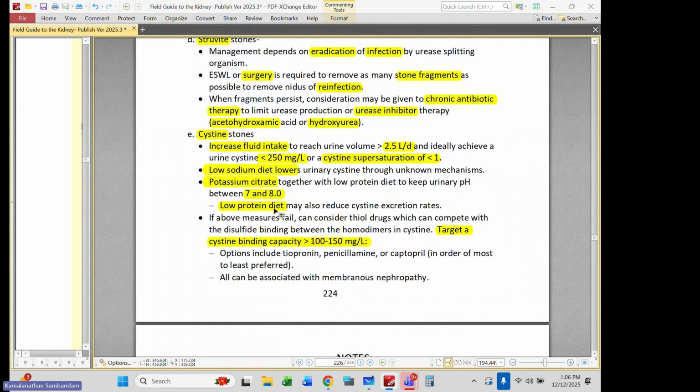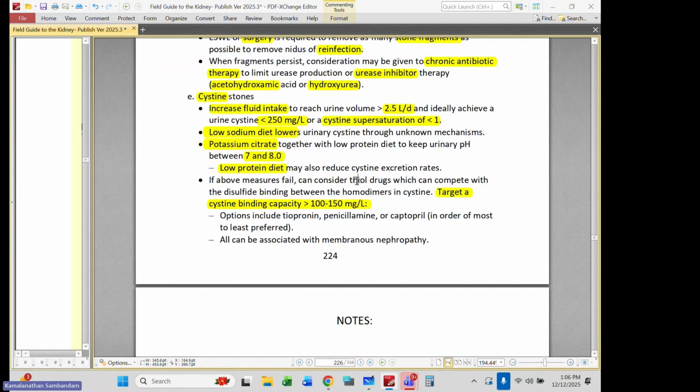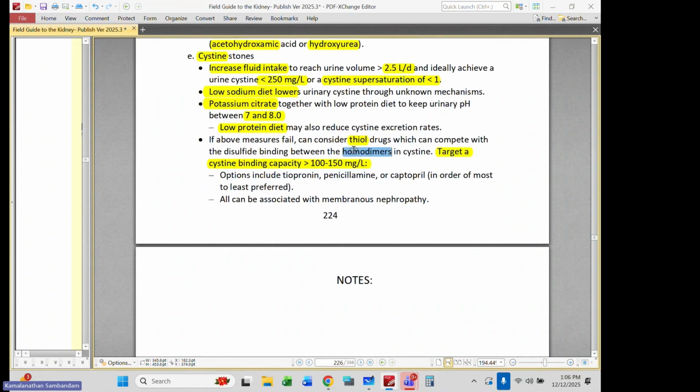Because animal proteins have more cystine in them, and it also tends to make your urine less acidic, right? Then I have the thiol drugs that outcompete cystine dimerization. Tiopronin is the generic name. Thiola is the trade name for this drug.